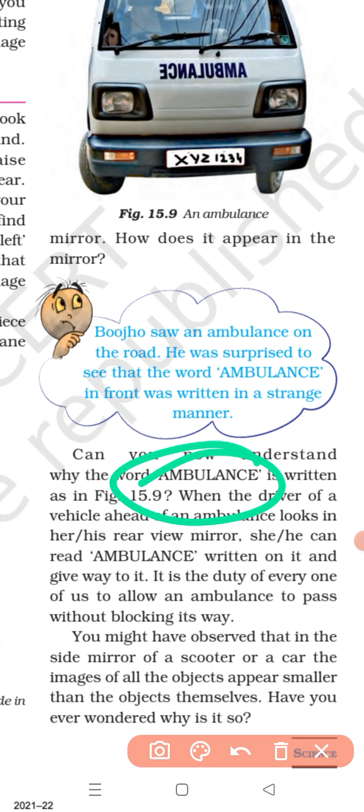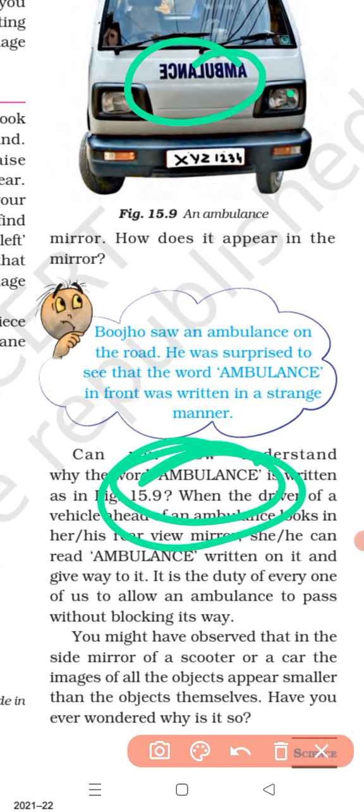It is also due to lateral inversion that the letters on the ambulance are written in an inverted manner, so that we can see the letters in original form, ambulance.